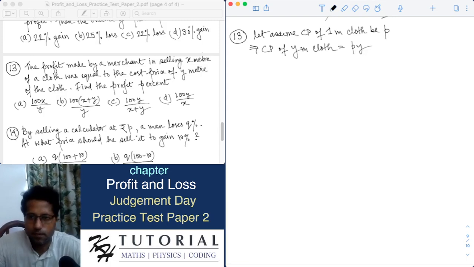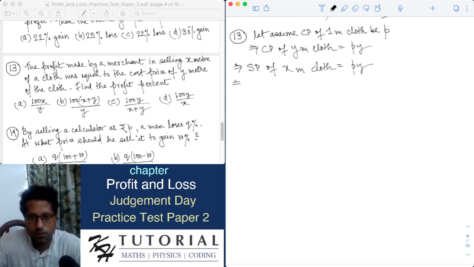It is given that the selling price of X meters of cloth is equal to the cost price of Y meters of cloth, that is Py.